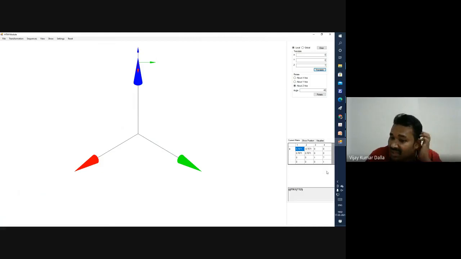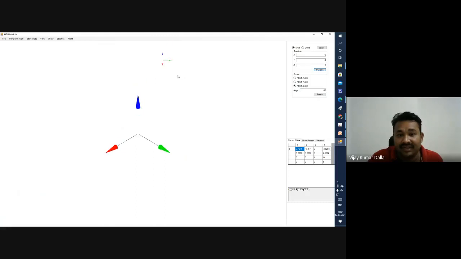And if you see below this, all the transformations are multiplied in sequence. Now I'm putting y is equal to 4 here. See, T3 is added in this sequence.